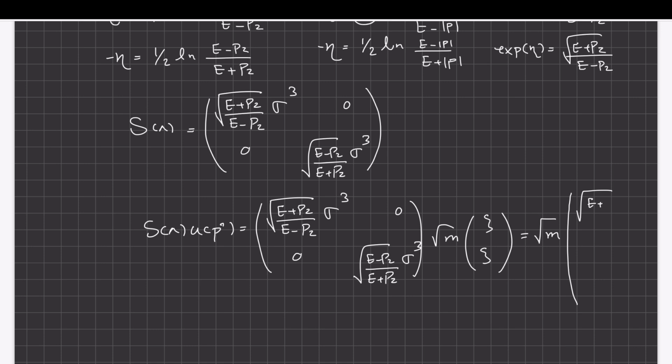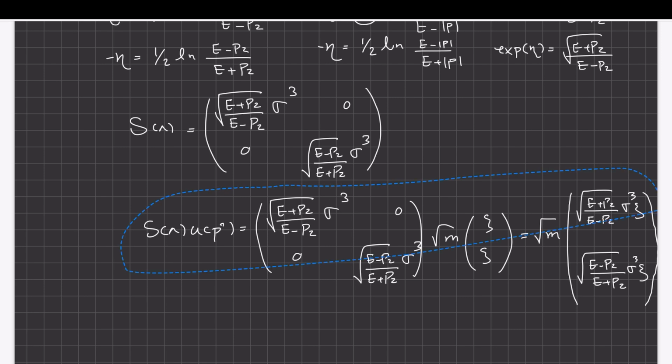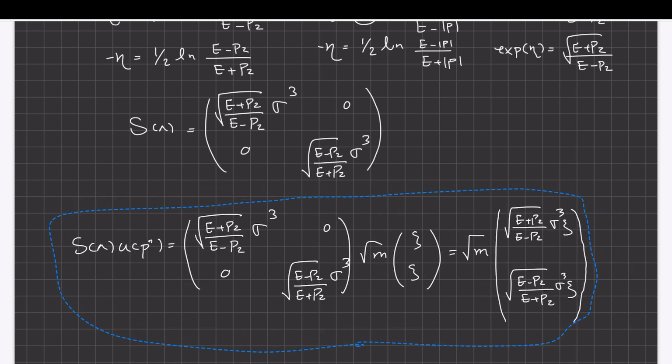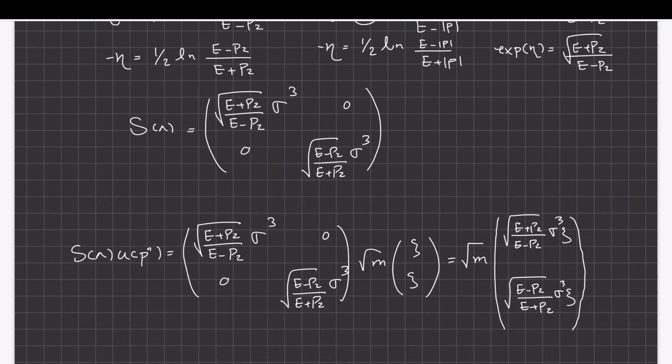So this energy factor beside those right-handed and left-handed components. So we have this sigma 3 acting on the spin. So I'm just gonna take it out, and put it right here.